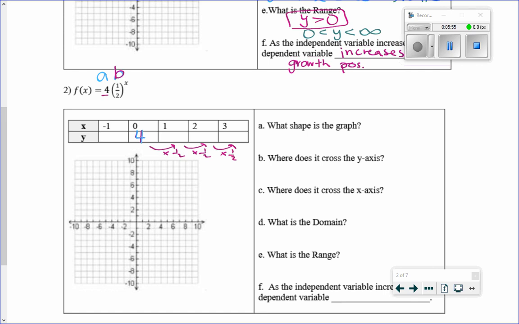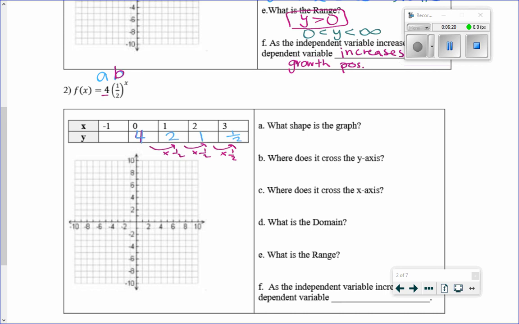So if I were to multiply 4 times 1/2 to the power of 1, when x is 1, it's going to be half of 4. So it'll be 2. If my exponent was 2, I could follow the pattern, half of 2 to get 1. If my exponent was 3, I would follow that pattern, half of 1 to get 1/2.